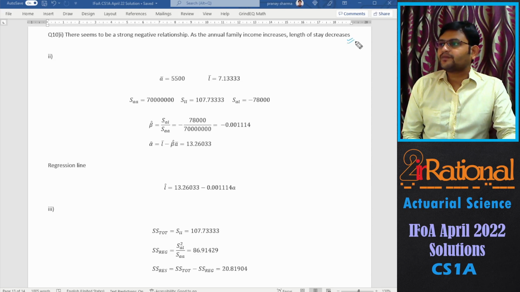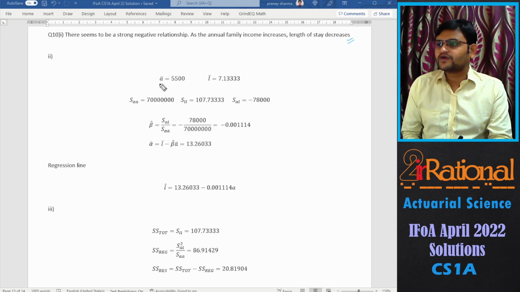For the first, we'll comment there seems to be a strong negative relationship. As the annual family income increases, the length of stay decreases. For the second part, we will calculate our A bar value, L bar value, SAA, SLL and SAL. All of these are given on page number 24 of the table book, I believe.